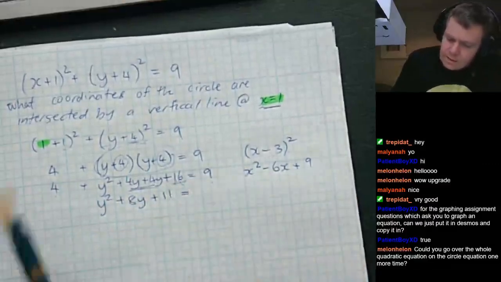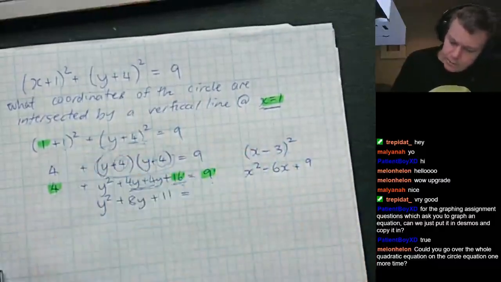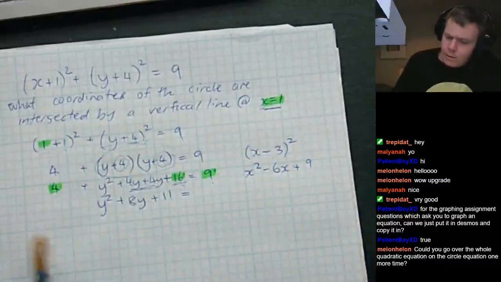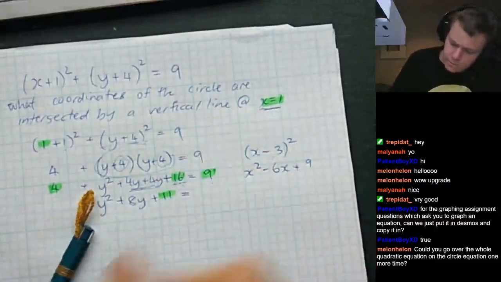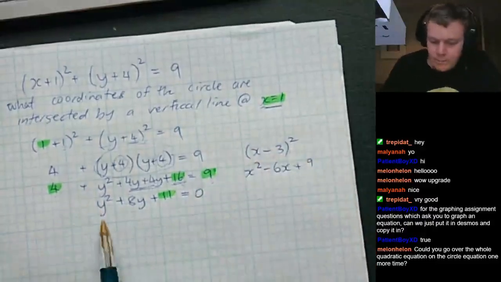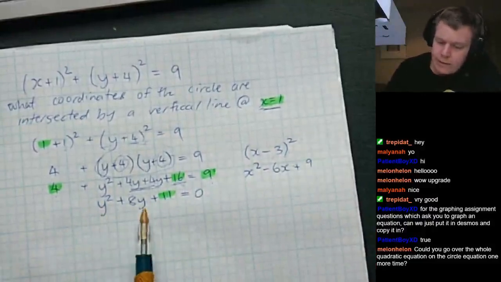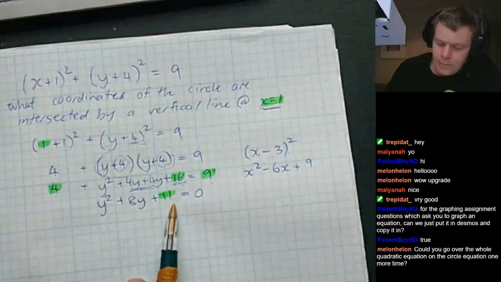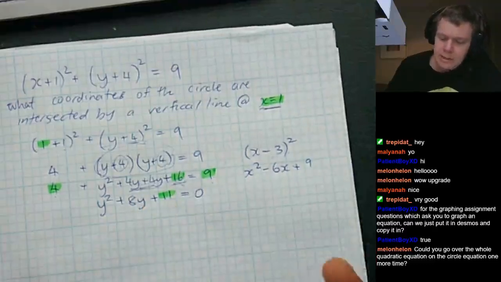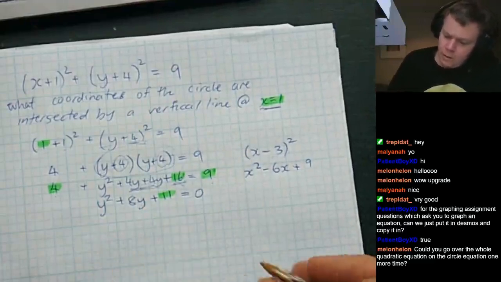That 11 came from moving these around and adding them together, and that equals 0. Just because we're dealing with y's doesn't mean that the quadratic formula is going to work any differently than it would for x's. It's still that sort of form, right?